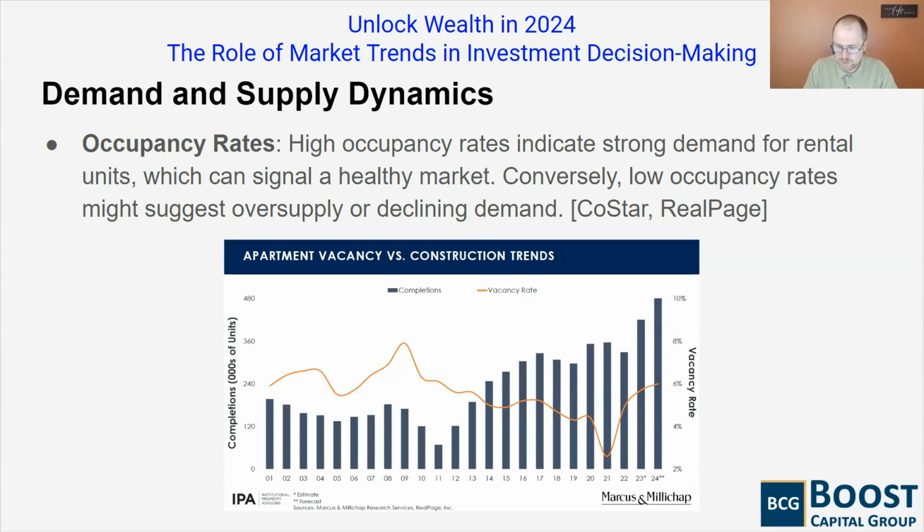As a result, currently there are higher vacancy rates overall. However, at 5-6% nationally, you're probably around the average over the period of time on the chart, which is from 2001.